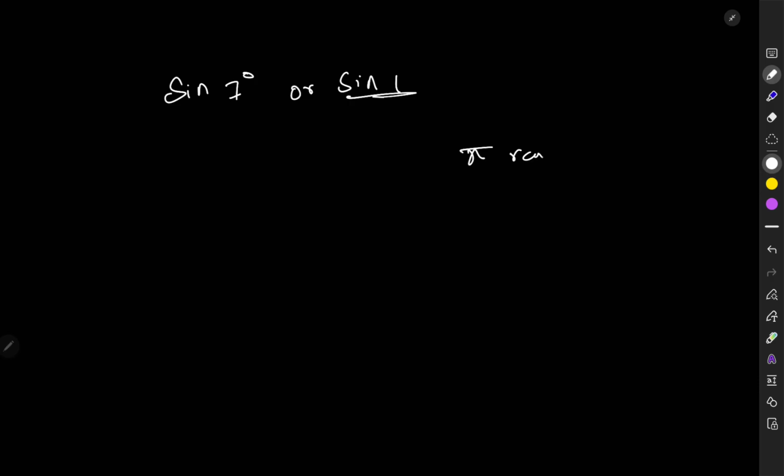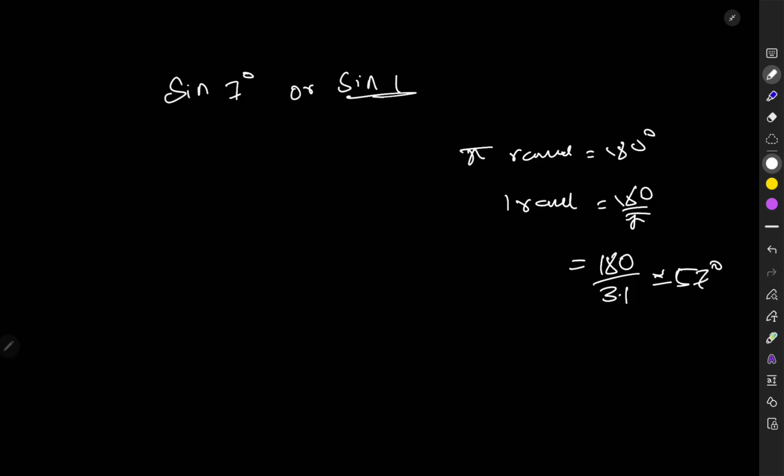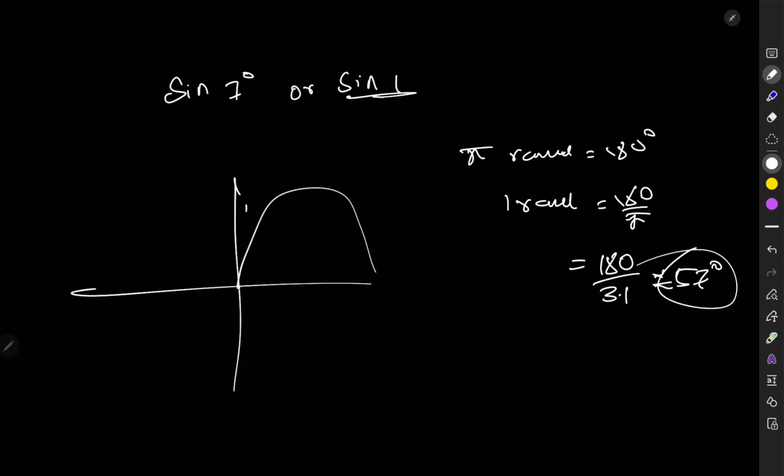Pi radians is equal to 180 degrees, so 1 radian is equal to 180 by pi, which is 180 divided by 3.14, approximately 57 degrees. So if I draw the graph of sine, it will be something like that, intersecting at pi, and the highest value will be at pi by 2.